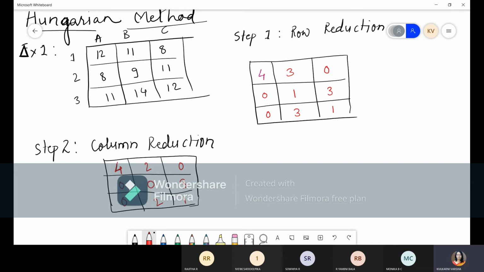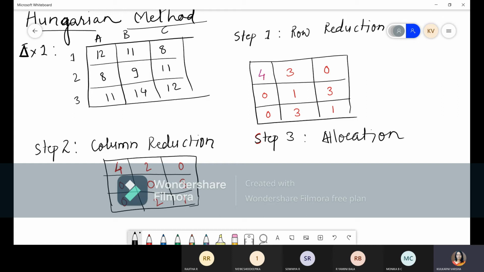After finishing the column reduction, what is step 3? Step 3 is allocation, or assignment. Now what is allocation? Listen clearly.